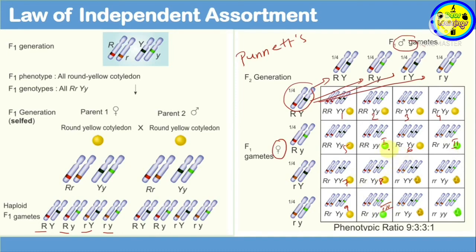Then what you can see, yellow and wrinkled is 1, 2, and 3. Then wrinkled green is just 1, only 1. So it becomes 9:3:3:1. That will be the phenotype ratio.